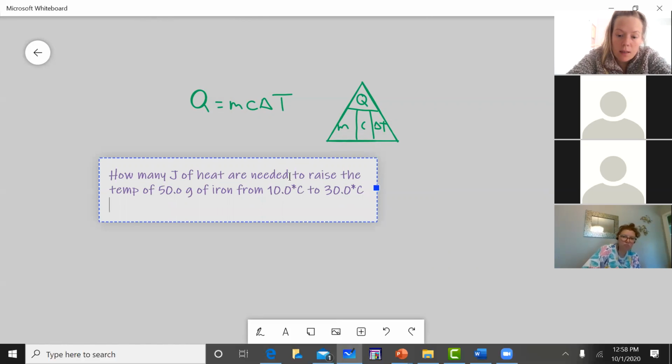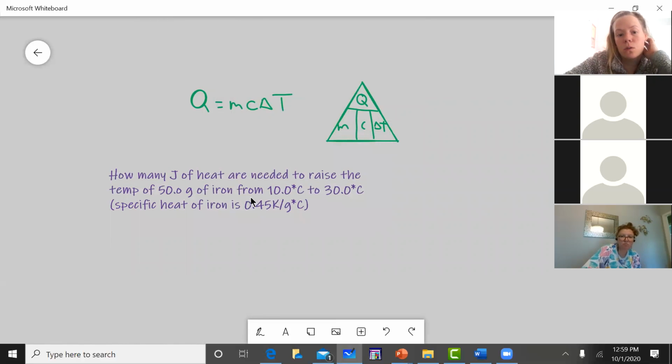And the specific heat of iron is 0.45 joules per gram degree C. So how many joules of heat are needed to raise the temperature of 50 grams of iron from 10 degrees Celsius to 30 degrees Celsius?